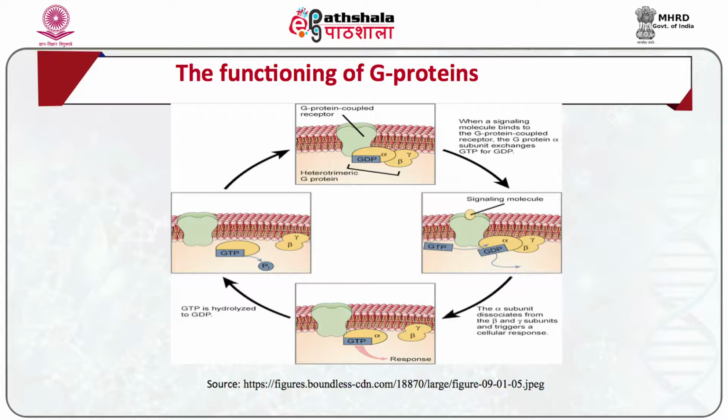Therefore, G alpha ultimately terminates its own activity by breaking down the bound GTP into GDP. Fifth, after that G alpha and the G beta gamma complex come back and join together to start another cycle.